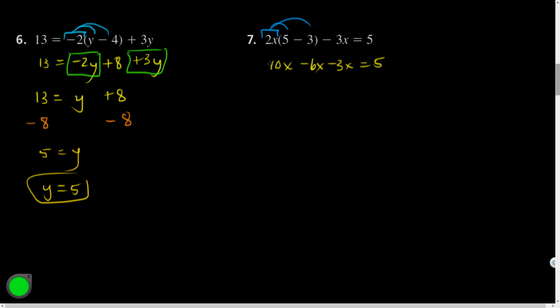They're all friends. 10x and negative 6x and negative 3x. They're all buds. So let's see. 10 minus 6 is 4. 4 minus 3 is 1. I get 1x, or better yet, x equals 5. Not bad.